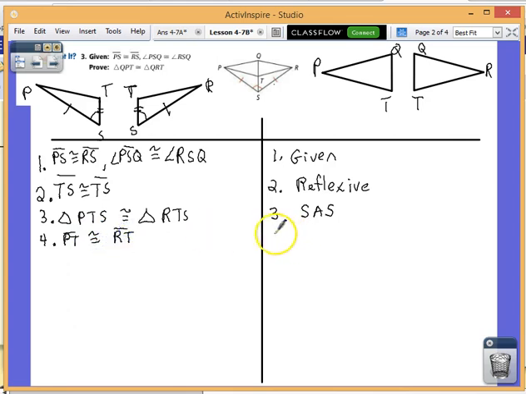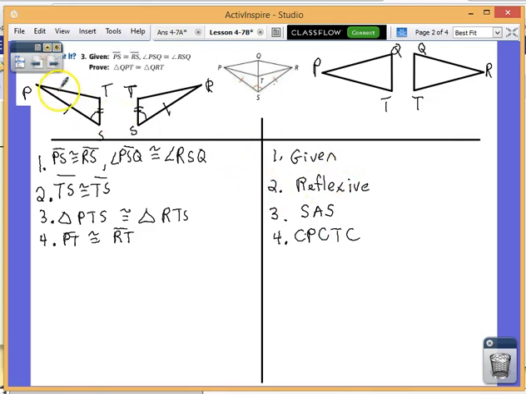And what reason would I possibly use for that? Why would I say that these two sides are congruent? CPCTC.